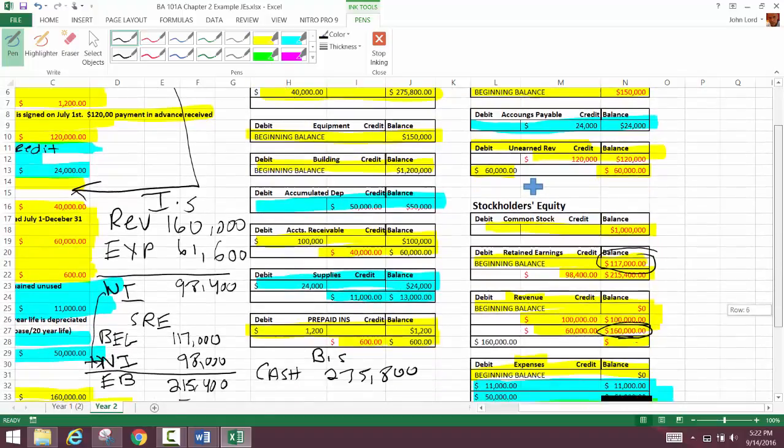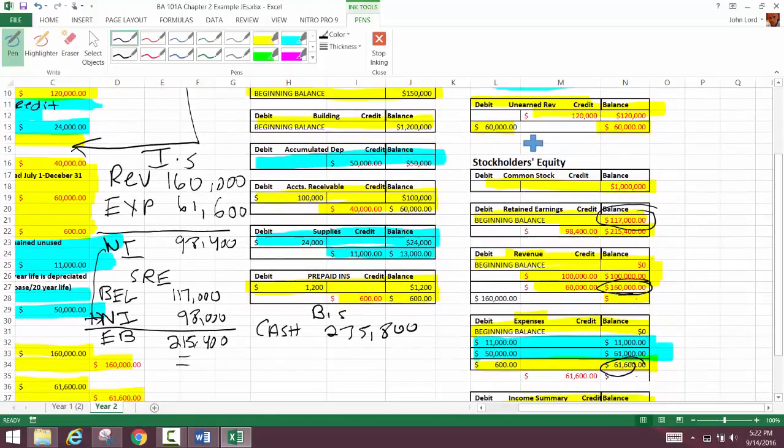I still got that equipment for 150,000, right? Good. I still have the building, don't I? Okay, so the building is 1,200,000.